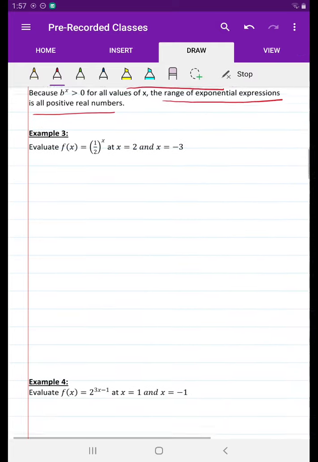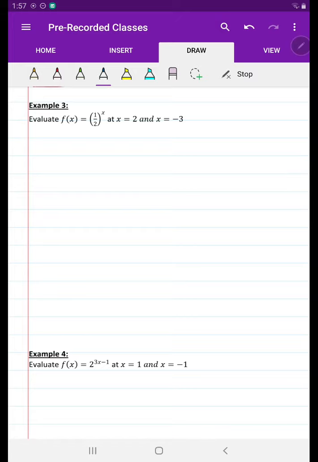So then in this example, example 3, we have to evaluate f of x is 1/2 to the x at 2 and -3, okay? So I'm going to start off by plugging in 2 for x, and so I have 1/2 squared. And so just a quick review of fractions, fractions with exponents.